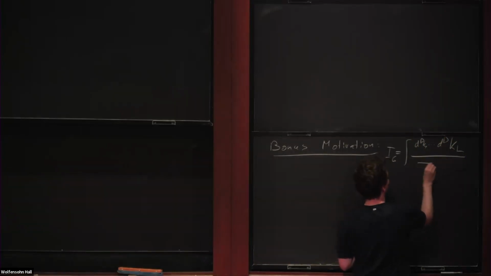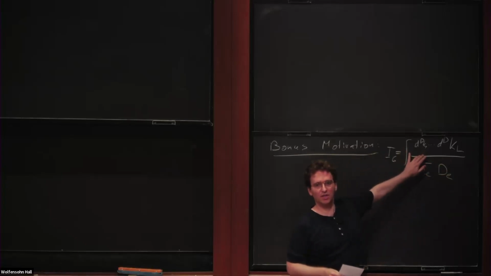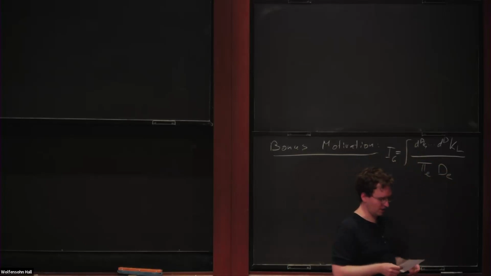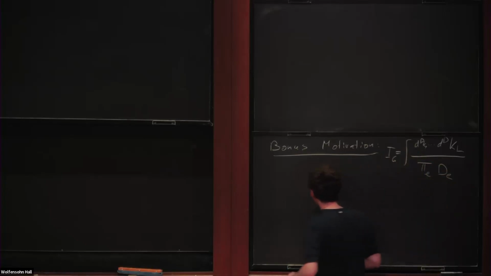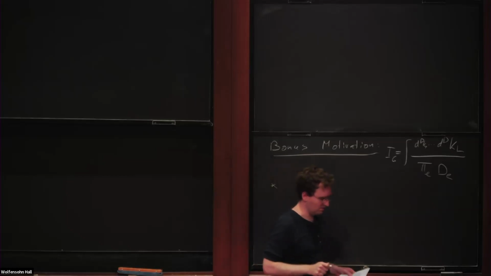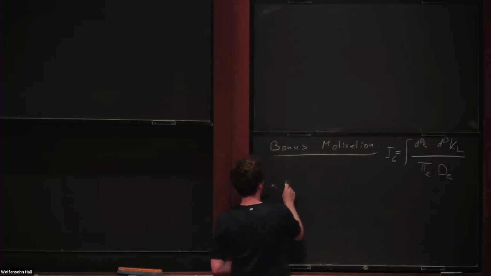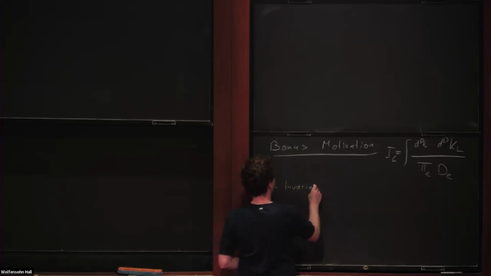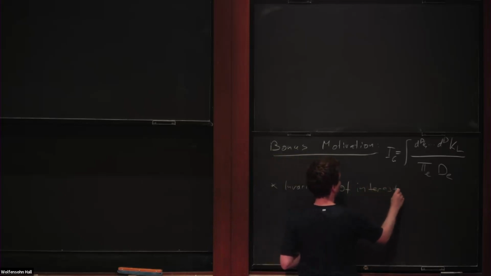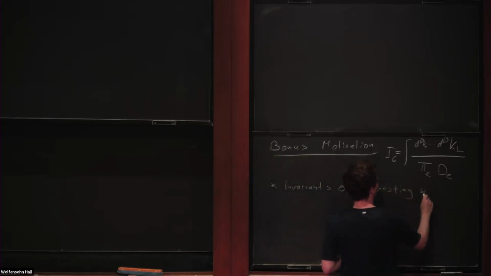Usually they are written in this loop momentum form where we integrate over some loop momenta, and in the integrand we have these propagators called D, and these integrals, in mathematics, appear as moduli space invariants. So you can study invariants of interesting spaces or objects.